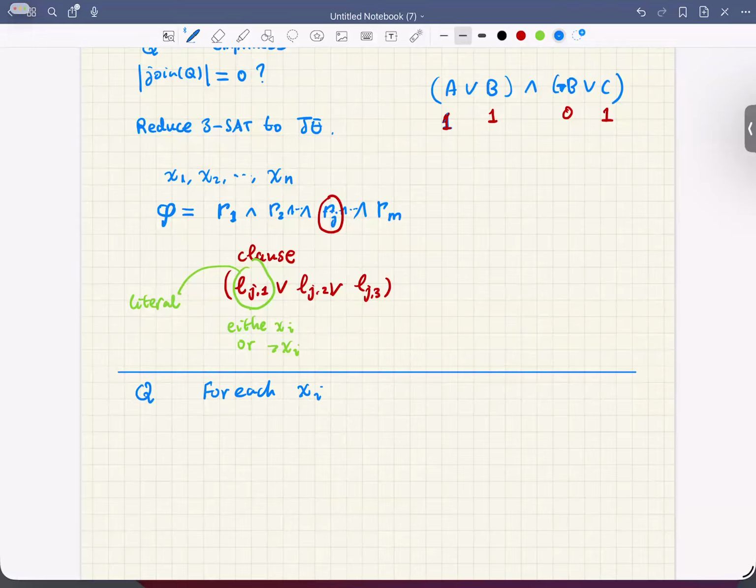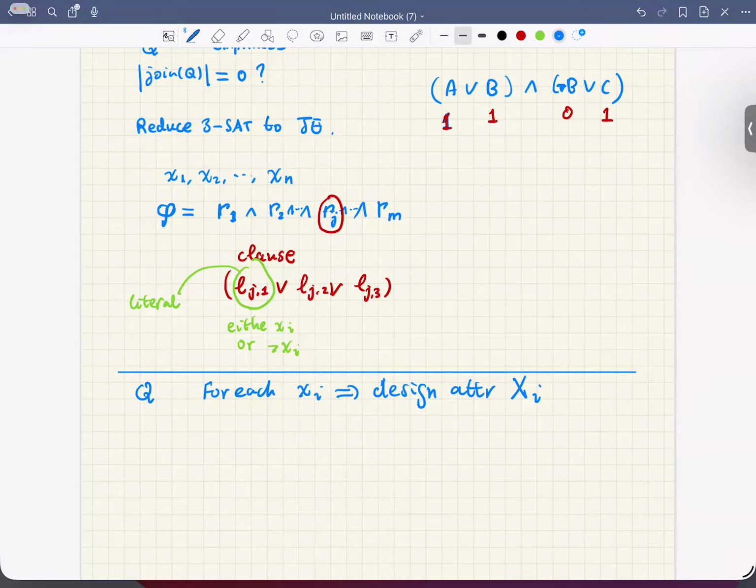Sorry, this is a variable. We introduce, so let's say design or introduce, attribute xi. Fair enough? Okay, good. So this is the set of vertices.